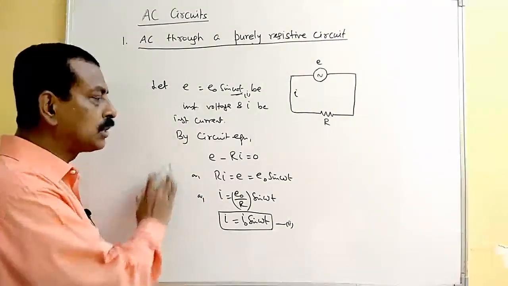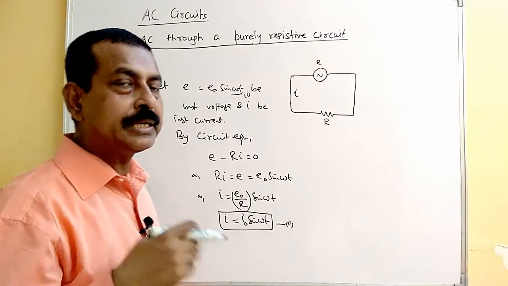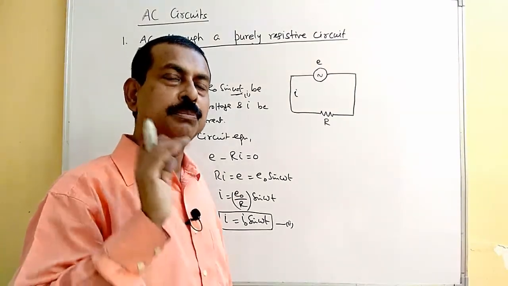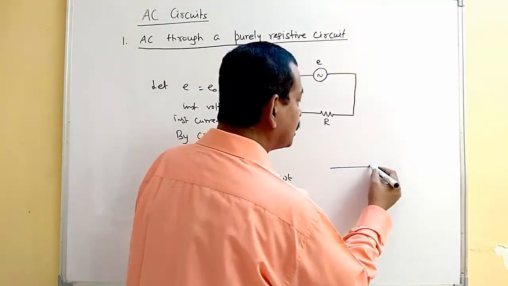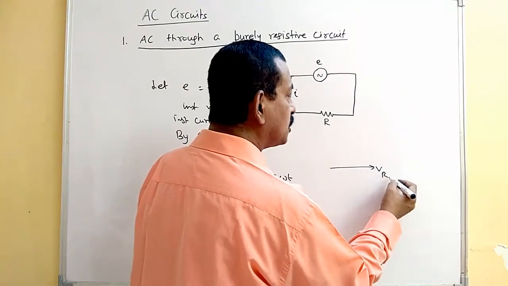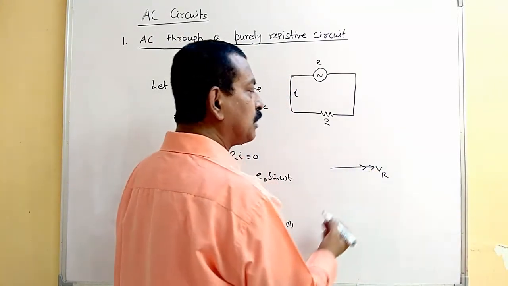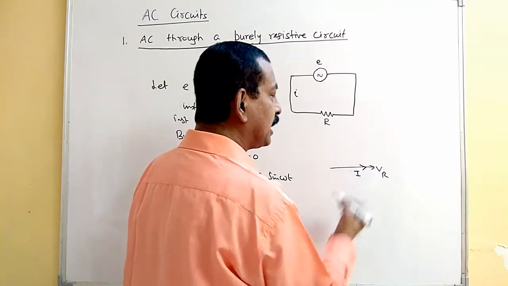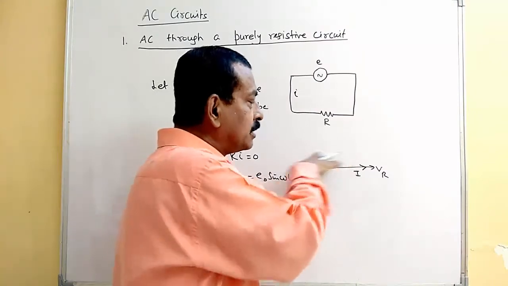If you represent it in a phasor diagram, that means we represent the phase relationship, so if this is the direction of the voltage across the resistor, the current is also in the same direction, so we represent it as I. That means both are in the same phase.